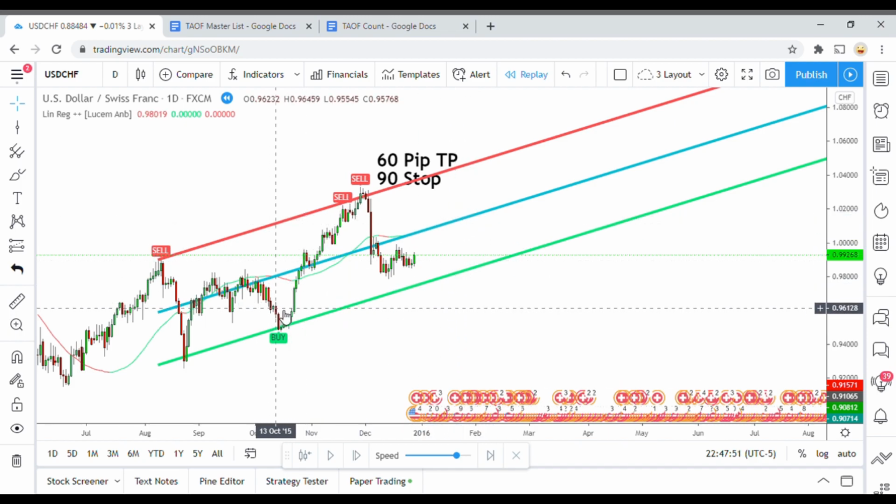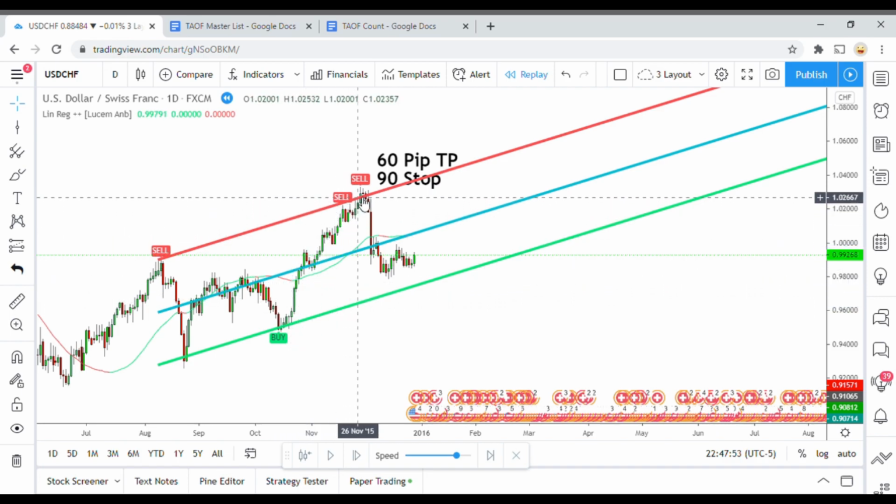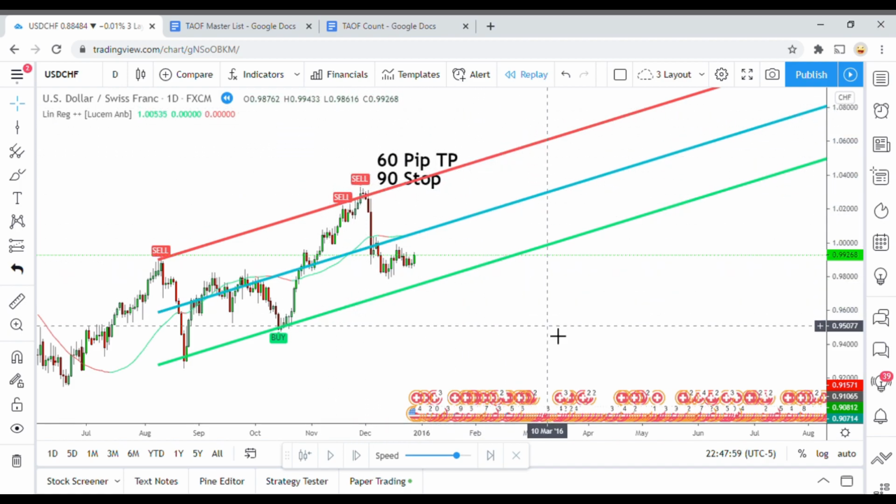It's basically reading that price action is way overextended to the upside and should reverse sometime in the very near future.